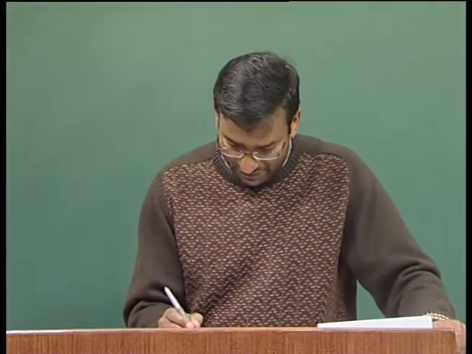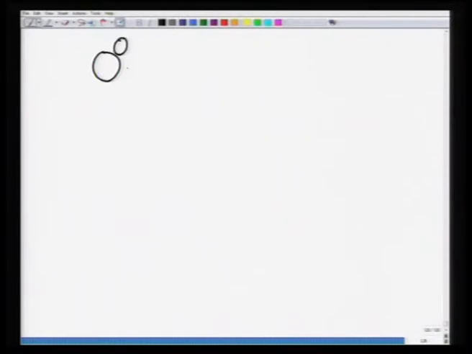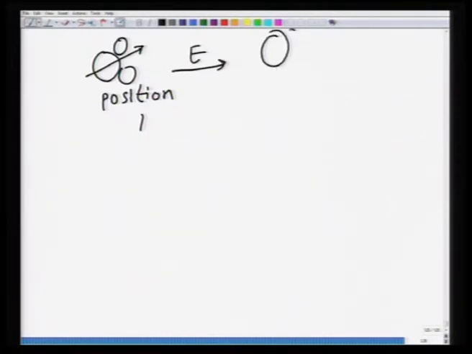So, let us take a hypothetical picture. We have this molecule with, let us say, the dipole vector in this direction. This is position 1, and when you apply field in this direction, it comes to this position.